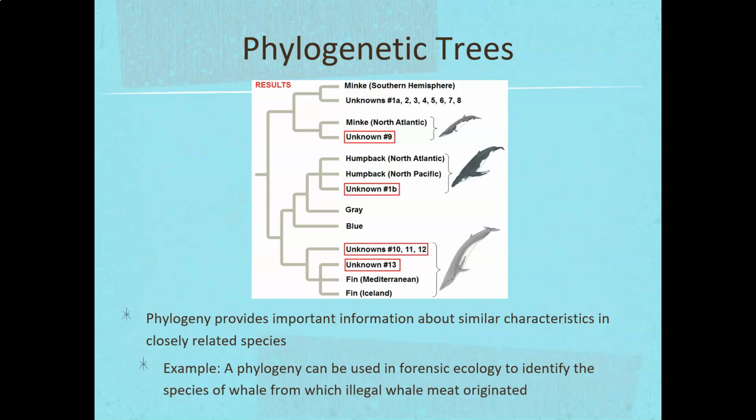So poachers would go out, hunt these endangered species, and try to sell the meat at auction or in marketplaces. Oftentimes we come across places like this in Asia and Africa.